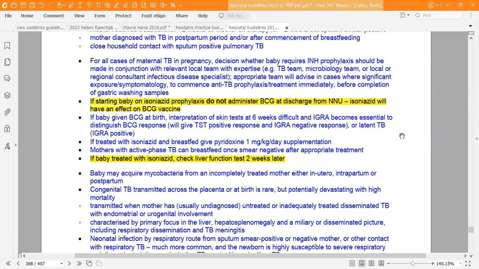If the baby is given BCG at birth, interpretation of the skin test at 6 weeks is difficult, and IGRA becomes essential to distinguish the BCG response.